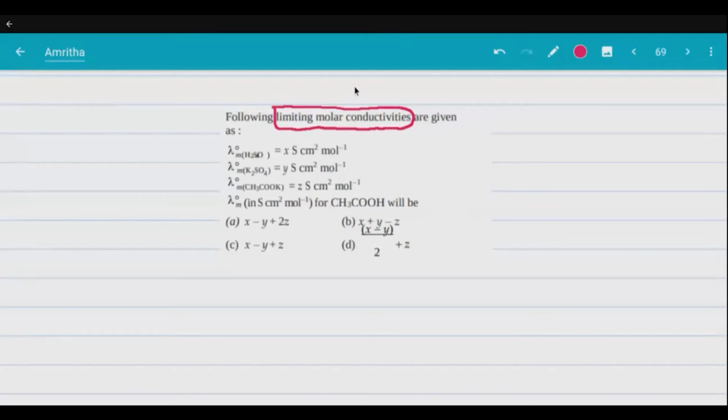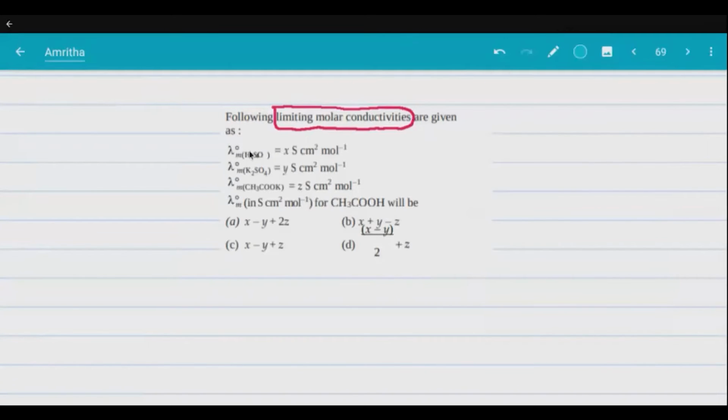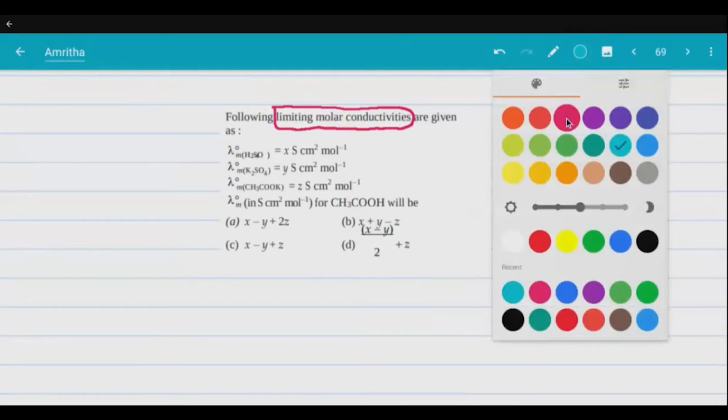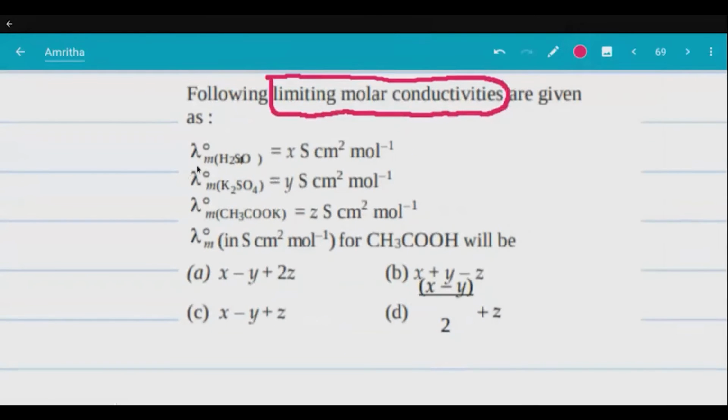Here the representation is given; I'll zoom it. This is the 0 superscript, or sometimes we write infinity also. 0 means 0 concentration, and 0 concentration means infinite dilution.